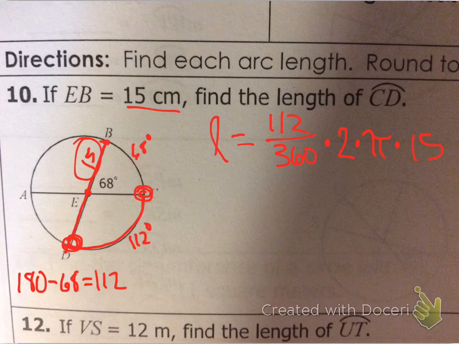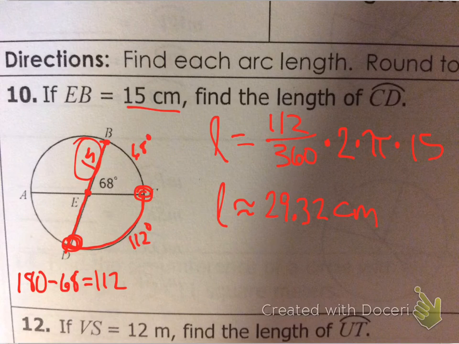And again, guys, if you put 3.14, you might be off by a little bit, but not much. But I would type in 112 divided by 360 times 2 times pi times 15, and you should get approximately 29.32, what is this, centimeters.